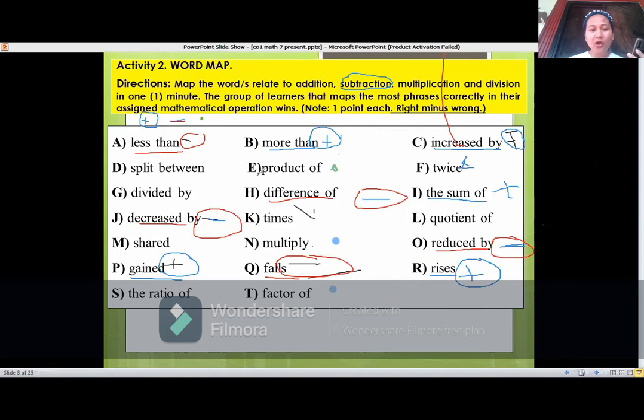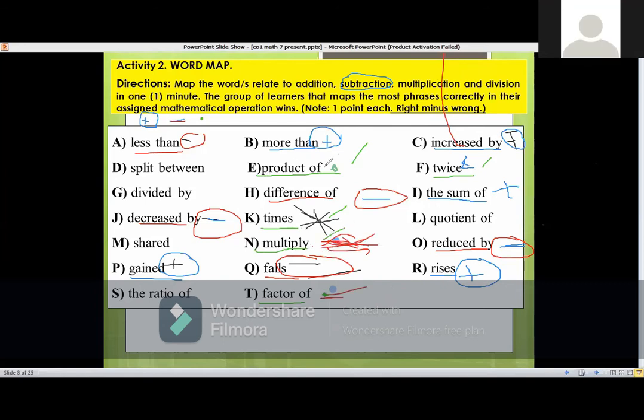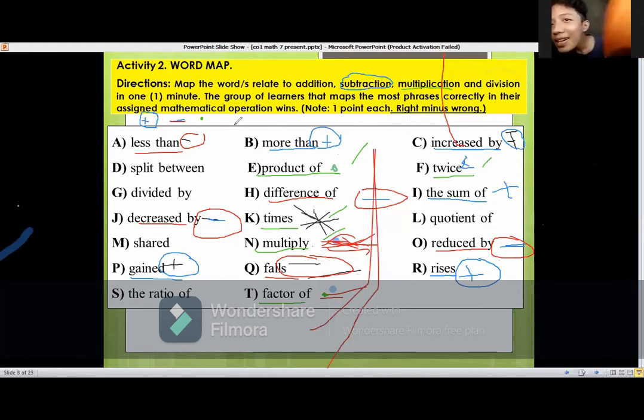So the product of, tama, times, tama, multiply, tama, the product of, twice, times, multiply, and factor of, those are the words that correspond to multiplication. Okay, division naman.